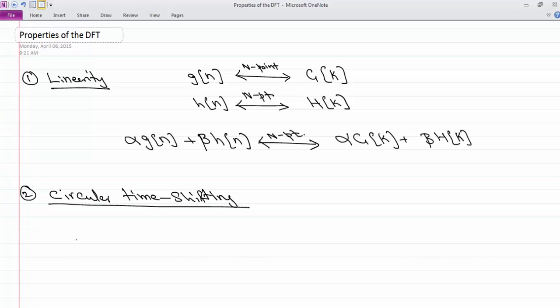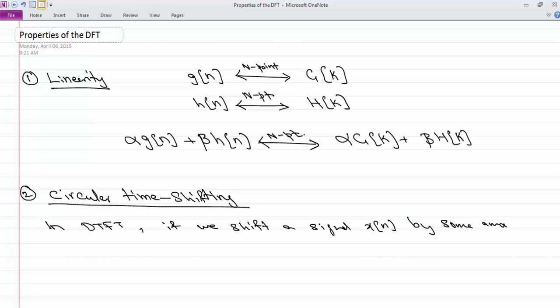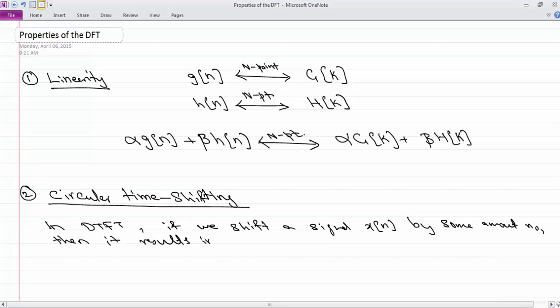So in the DTFT world, if we shift a signal x[n] by some amount n naught, then it results in a phase shift in the frequency domain.